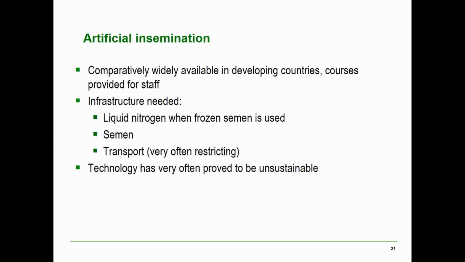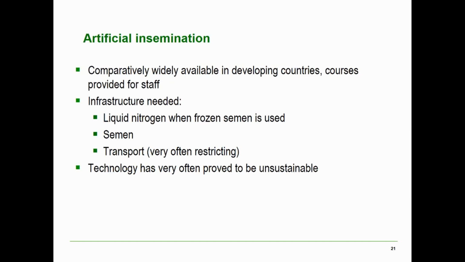Artificial insemination, as I mentioned, is widely available globally, also in developing or low-income countries, with relatively experienced staff and also providers of artificial insemination doses.